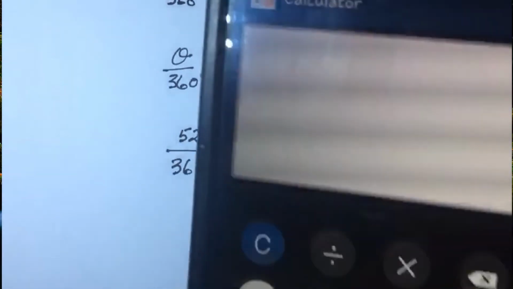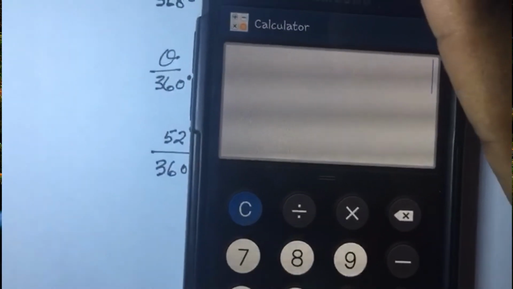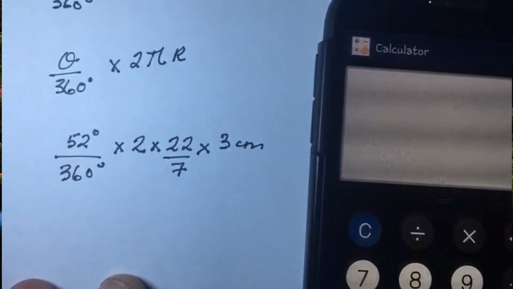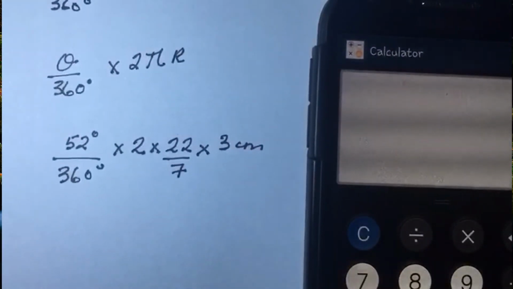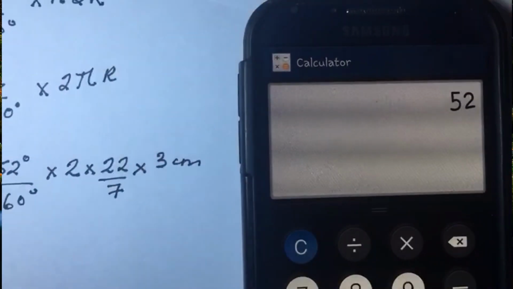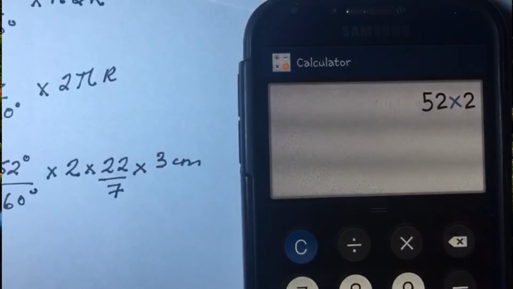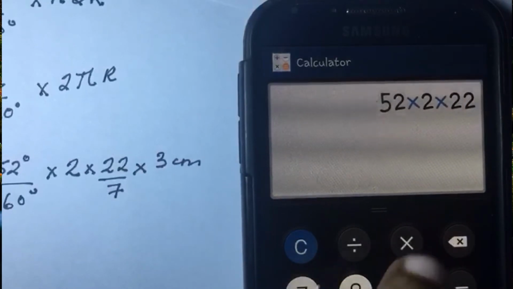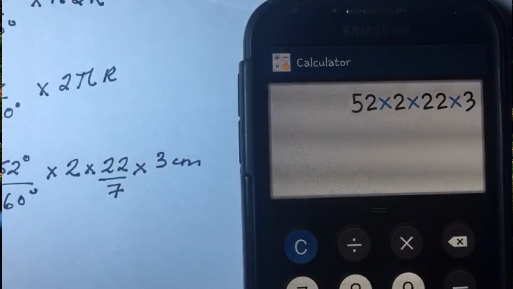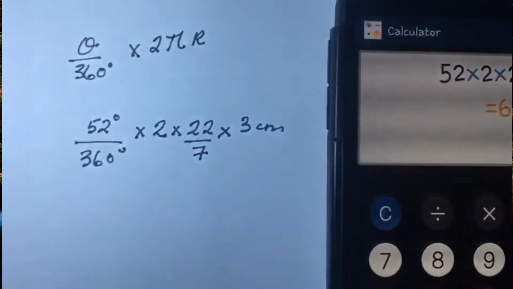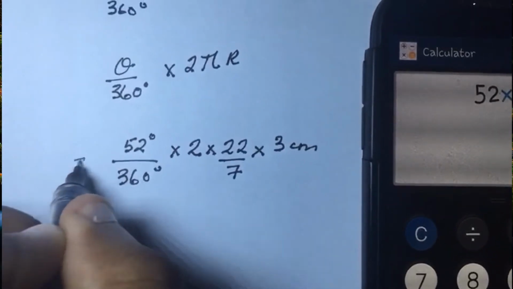So my calculator is right here. I can multiply everything that's at the top. I'm going to say 52 times 2 times 22 times 3. I'm going to get 6,864.